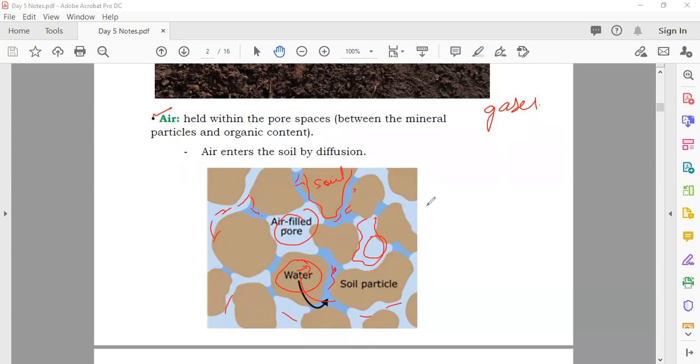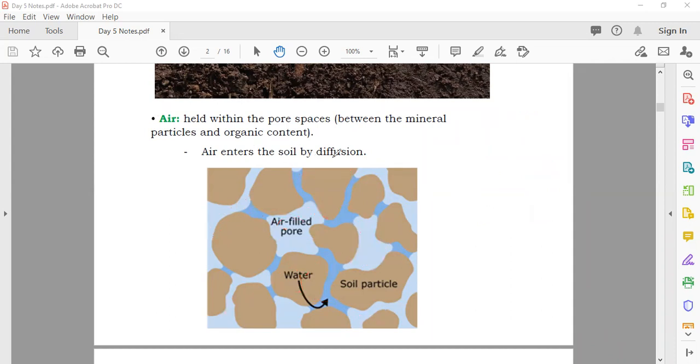So they want to say here that inside the soil you will find water, which means liquid, and gas, which is air, and sometimes also nitrogen. So they are also present inside the soil.